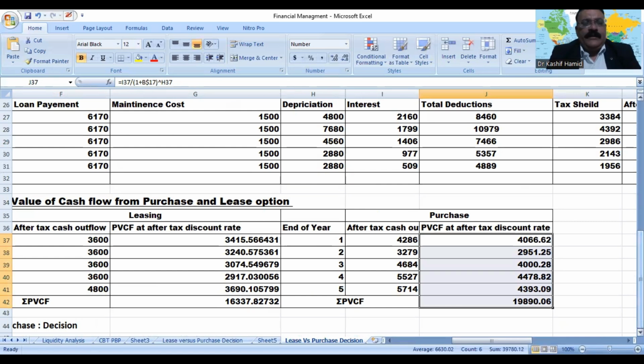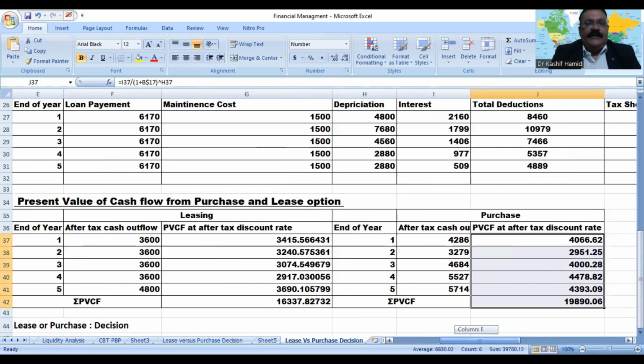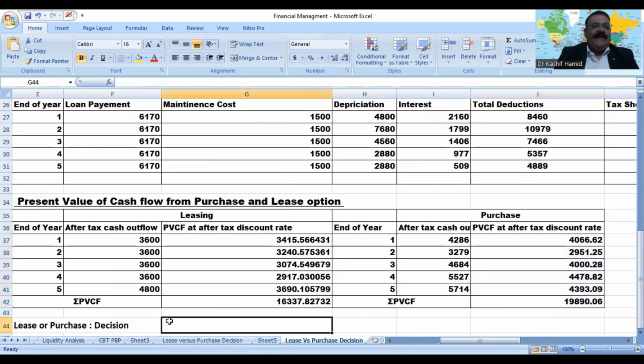Now we will decide that the option which has the lesser present value of cash flows will be accepted.